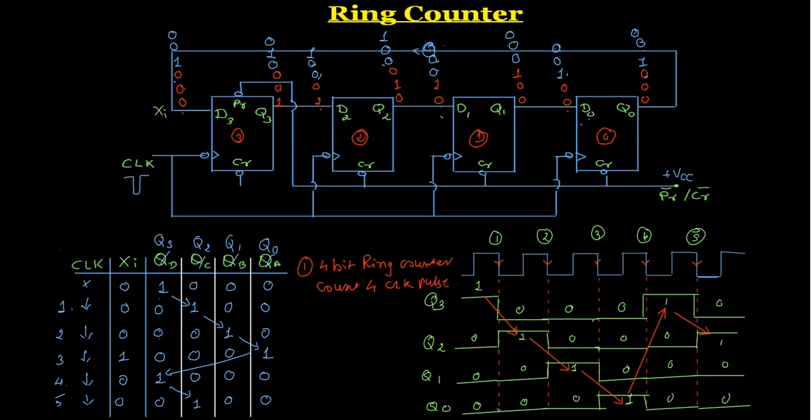Remember, if we have an n-bit ring counter, then it can count n clock pulses, and therefore sometimes it is also known as a divide by n counter.